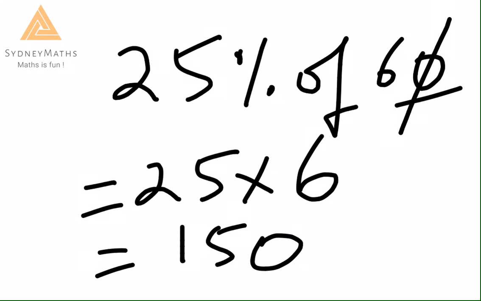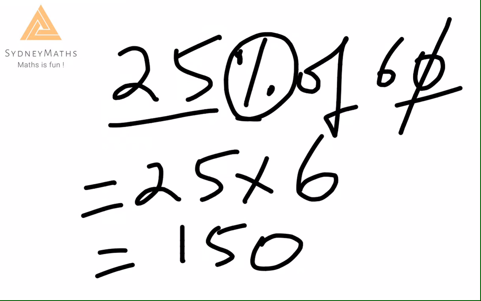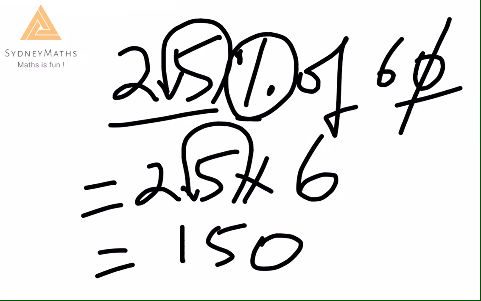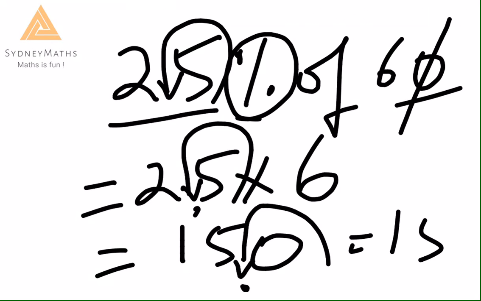Now that 0 cancelled out because there's a percentage here to cancel it out. But there is no 0 in this number. So you move 1 decimal point. You move 1 decimal point here. And then finally you move 1 decimal point here to give you the answer, which is 15.